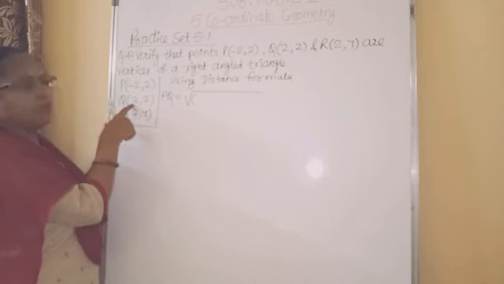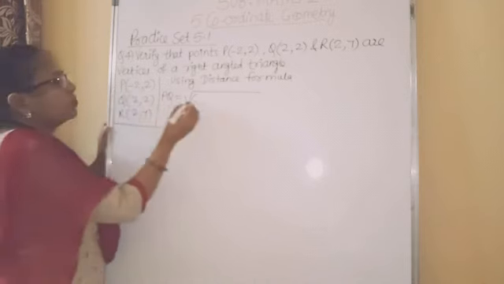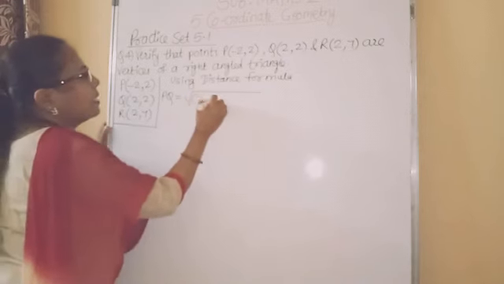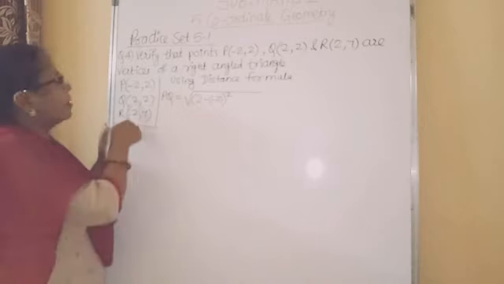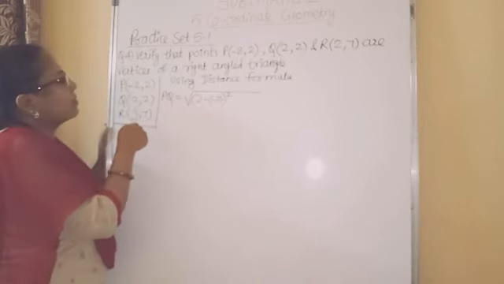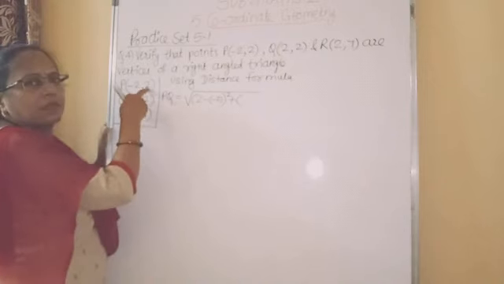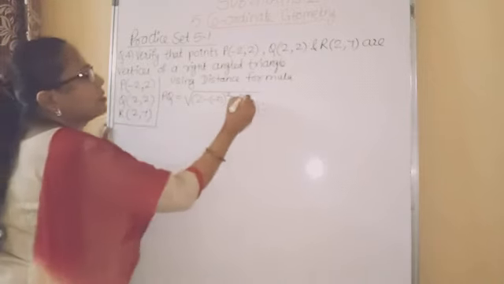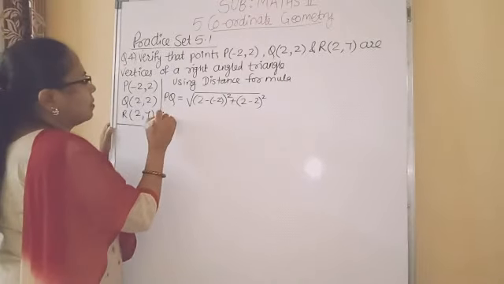Now here we have to find out the side PQ. So x2 is 2 and x1 is minus 2. So (2 minus (-2)) square, x2 minus x1, plus y2 minus y1, so (2 minus 2) square.